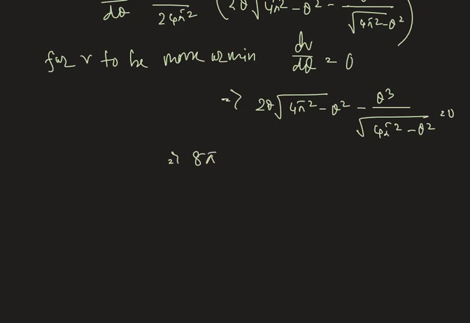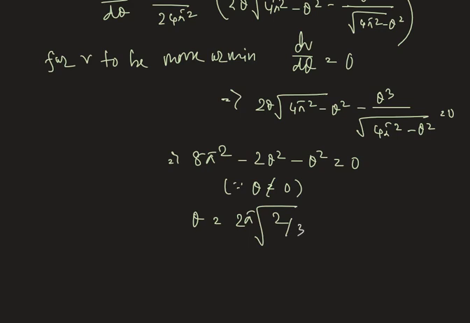Hence we get 8 pi square minus 2 theta square minus theta square equals 0, and here theta is not equal to 0. Therefore the value of theta is 2 pi root over 2/3.